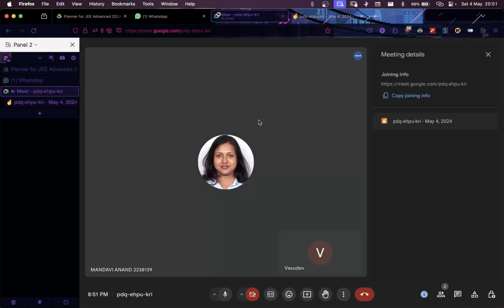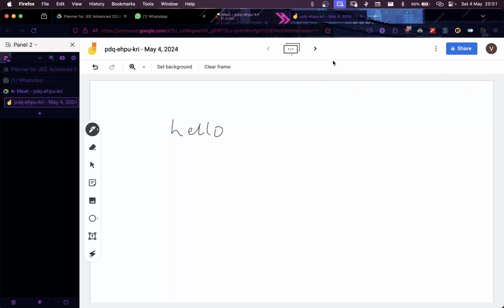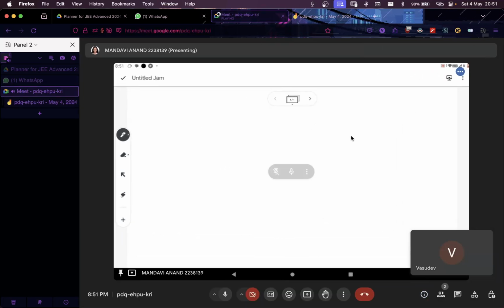Jamboard isn't working. Is Jamboard functional nowadays? Currently it is. It's going away in October, they say, but we can use it for now. I think it's posing a problem. Just a moment. Can you see the screen? Yes, I can. Okay.